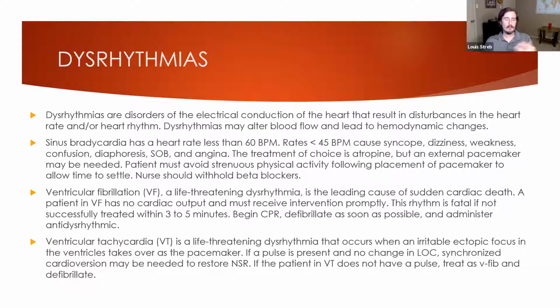And then we follow up with different antidysrhythmic medications. Same with ventricular tachycardia. If it's pulseless, you treat it just like ventricular fibrillation. AFib, there's not a lot we do for AFib in an emergency situation, but we do give certain medications like diltiazem. That's something you can give. We think about a flutter.